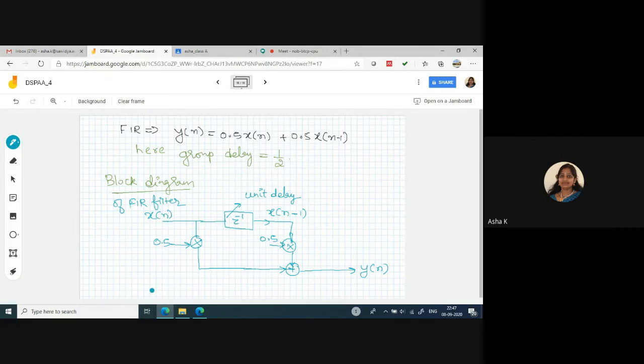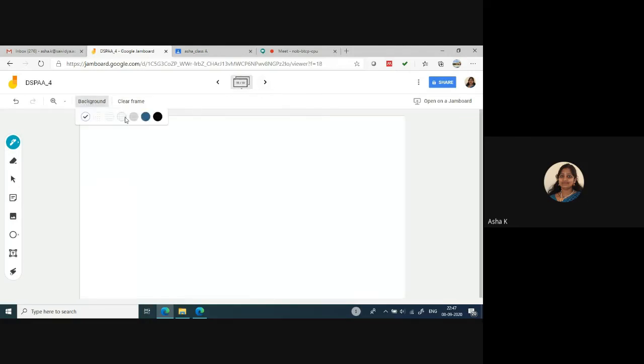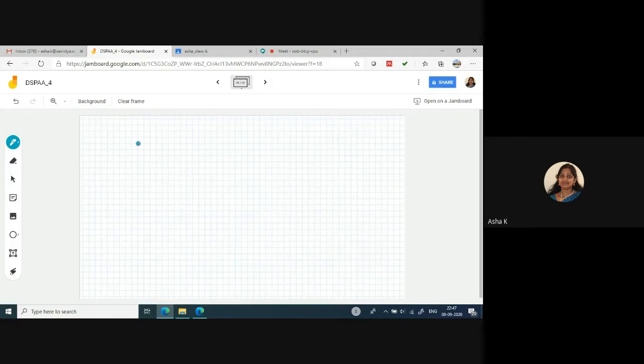Moving on to the phase response and the magnitude response, which are obtained by using those equations, M of theta and P of theta. We substitute values of theta in radians.